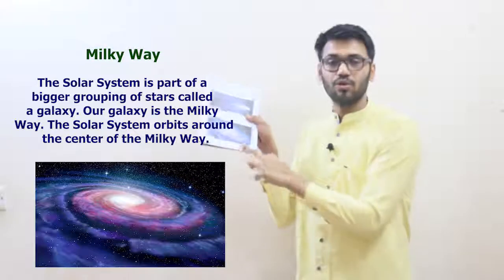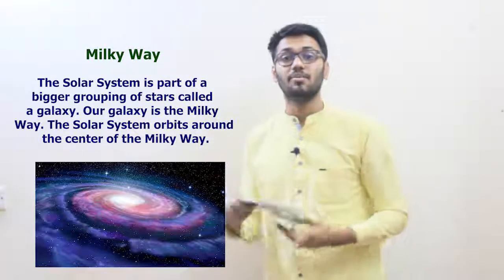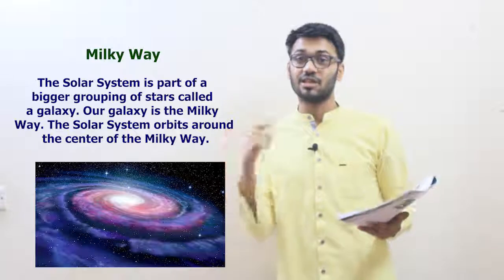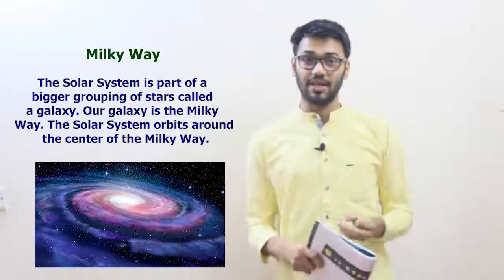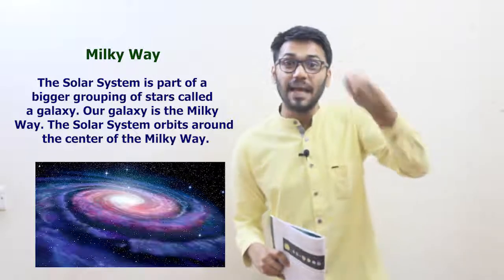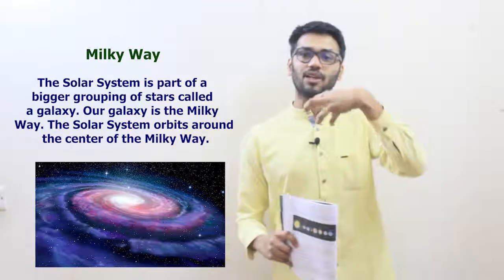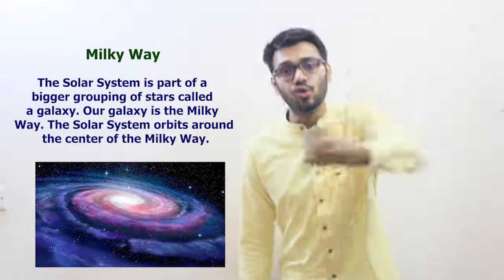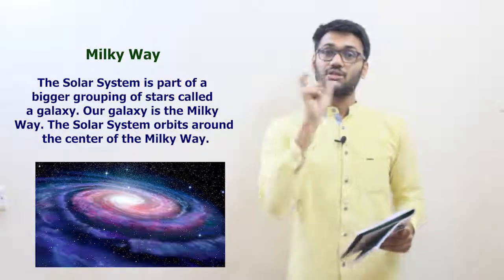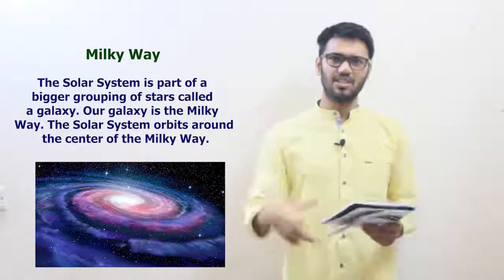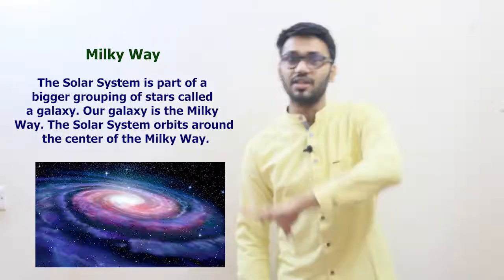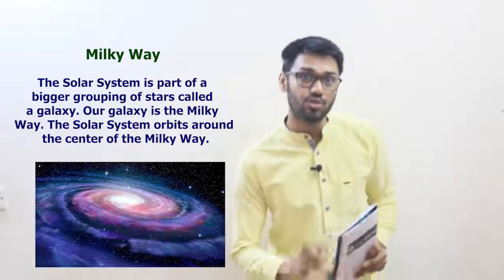Now, in your book, there is this picture of the Milky Way. See this picture. This is one piece of the Milky Way. And in this Milky Way, there are many solar systems like ours. This is what you ought to make sure that your student understands. It's just a story. They don't need to learn everything about it. But of course, you will find some students who have interest in these things. And who knows, they could be the future astronomers.